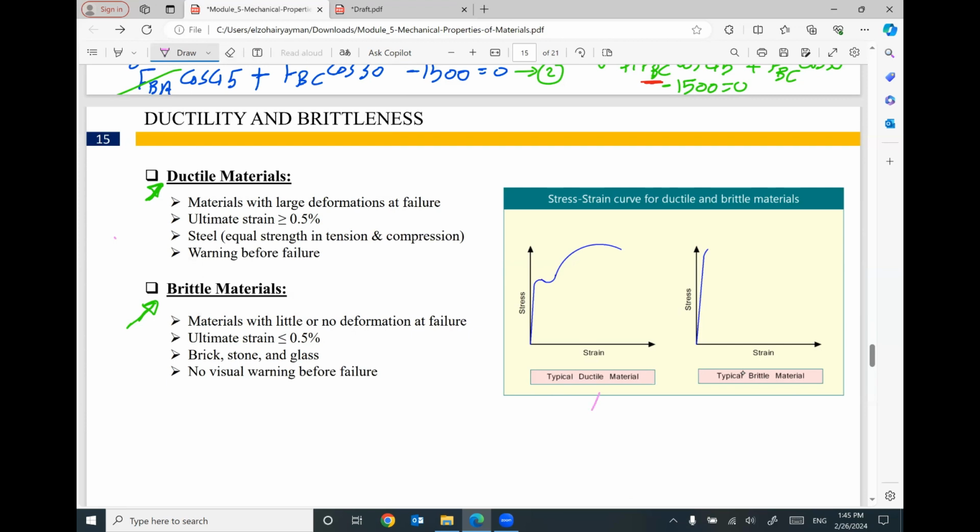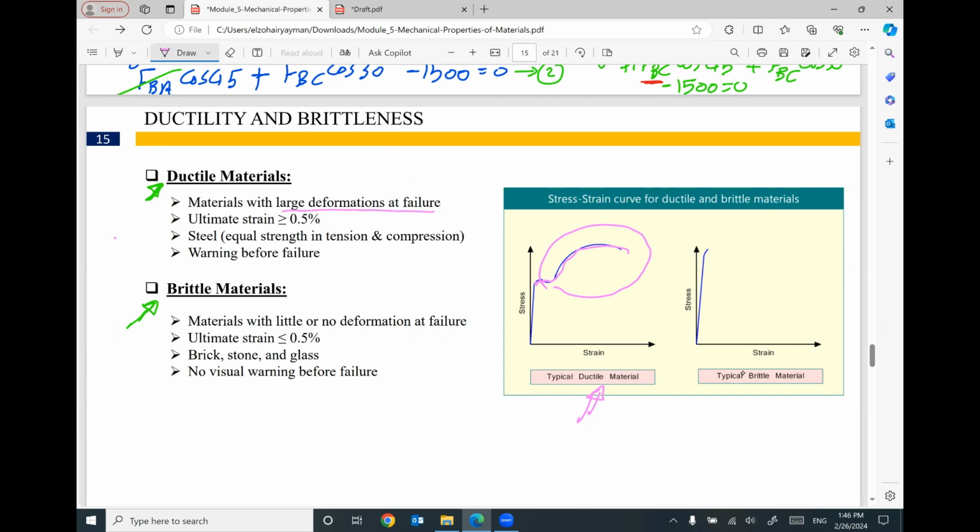If you look at this stress-strain relationship, after yielding, or after the linear relationship or the elastic stage or the elastic region, we have more deformation, more strain. This more strain is a reflection of large deformation.